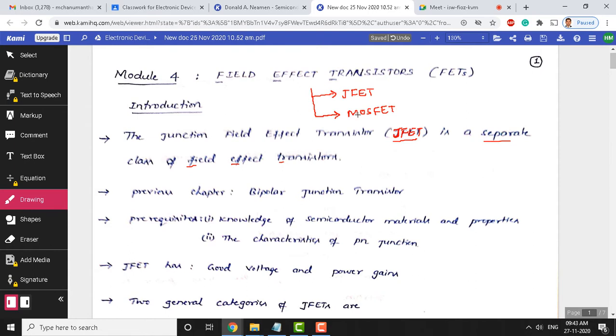So, currently the state of the art device used in a variety of applications is the MOSFET. Nearly 99.99% of our electronic systems are made from MOSFETs, not the JFET. JFET is not used widely nowadays, because MOSFET is preferred for most applications.